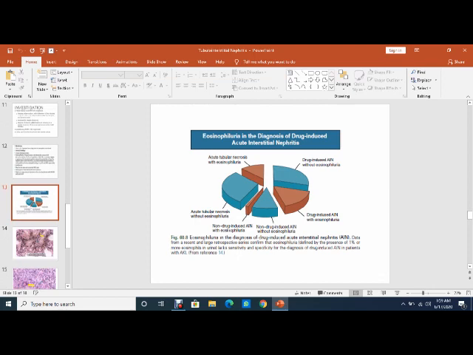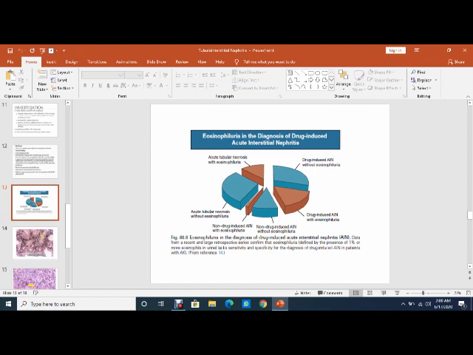This slide shows eosinophiluria in the diagnosis of drug-induced acute interstitial nephritis. Basically, the data are from a recent large retrospective series. Eosinophiluria is defined by the presence of 1% or more eosinophils in the urine.